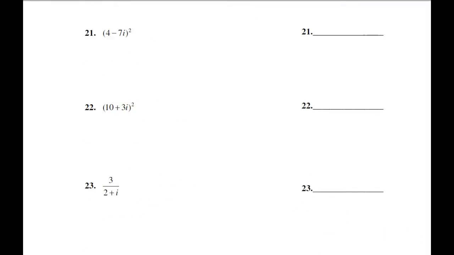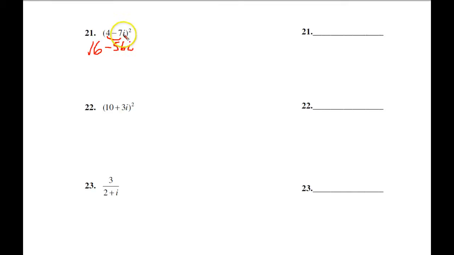Now for 21, we're going to square this binomial. Square the first term, that gives you 16. Multiply these two together, that's going to give you a negative 28, double it, that's going to be a negative 56i.